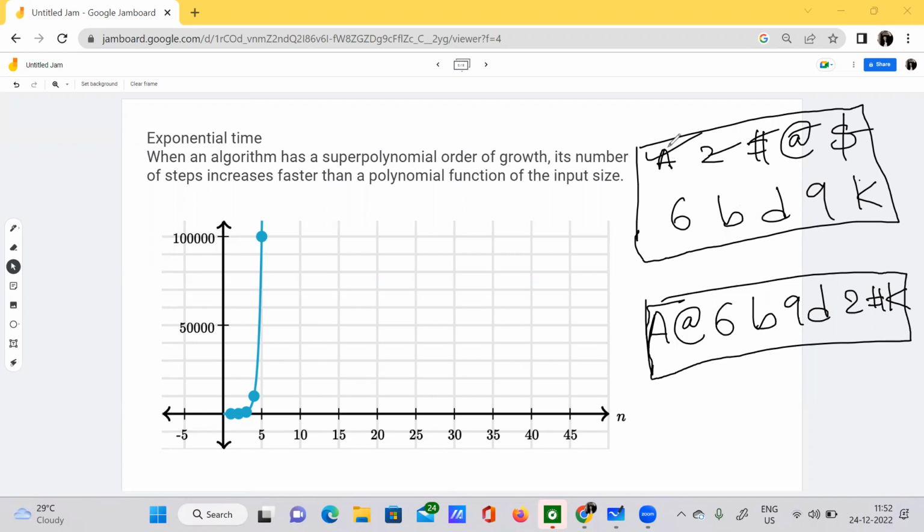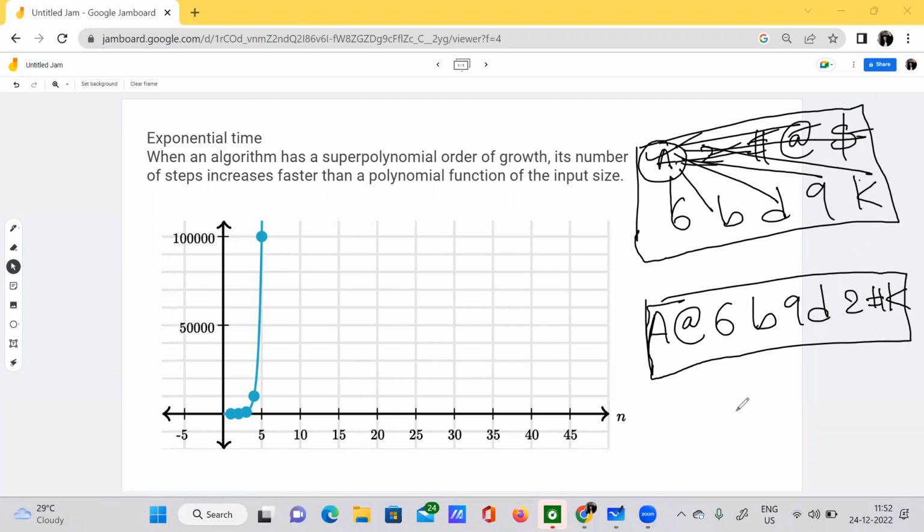So I need to match A with the 6, A with the B, A with the 2, A with the hash, A with the at the rate, A with the dollar, A with the D. So likewise, I need to form multiple permutations and combinations. For that, I need to touch all the things listed in the box here.